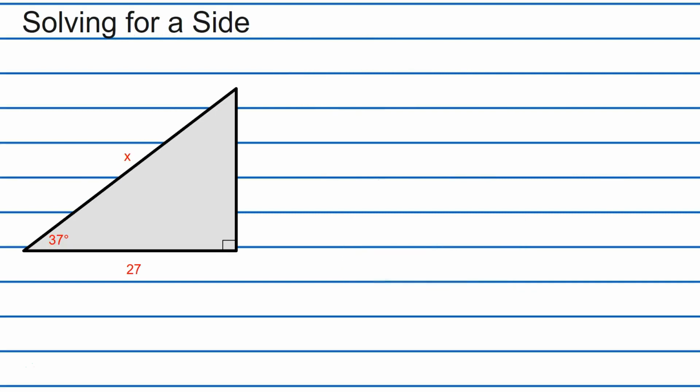Now let's say instead of trying to solve for the alpha or beta, you're just trying to solve for a side. So in this case, we're trying to solve for x. Alright, so I'm going to write my little acronym up top to help us out. SOH CAH TOA.